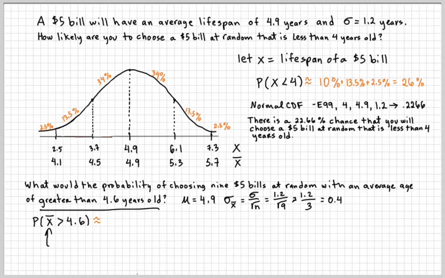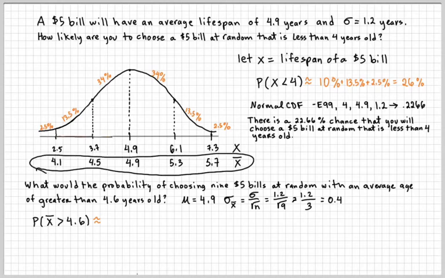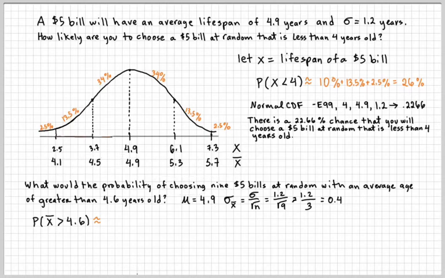4.6. So because we have a new random variable, meaning it describes what we're talking about, which is a group, in this case 9 bills, let's find out where 4.6 is. It's right there. And we shade that little piece, 4.6, all the way up to there. I'll say it's 25% to here. Why do I say it's 25%? Because from here to here is 34.